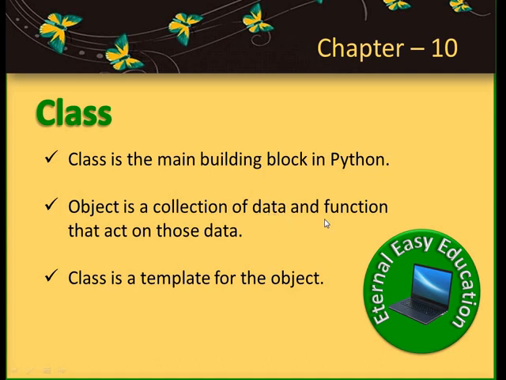We will see this in detail. First, class is the main building block. Second, class is a collection of data and functions that act on those data. Next, class is a template for objects.